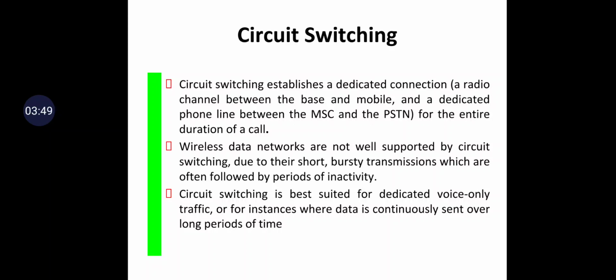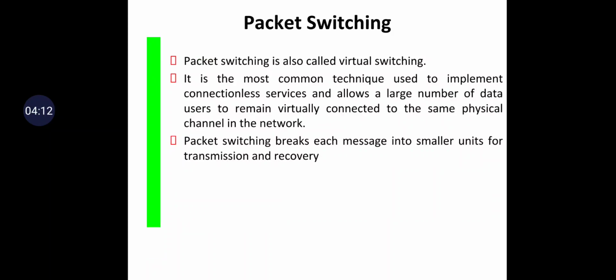Wireless data networks are not well supported by circuit switching due to their short bursty transmissions, which are often followed by periods of inactivity. So, circuit switching is best suited for dedicated voice only traffic or for instances where data is continuously sent over long periods of time.